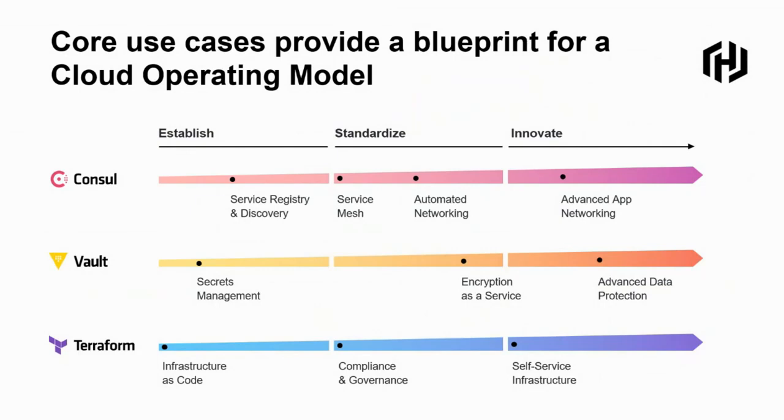I'll mention at this point, a lot of people have heard of HashiCorp because their products are also available as open source products. So much of the functionality in the established column is available as free downloadable products that you can download and use at no cost. If you go back to the slide that I showed a few minutes ago, it mentioned 100 million downloads.